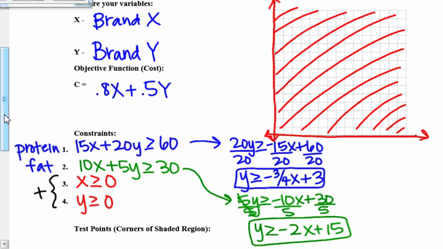Okay. And then I'll do my blue one. Y is greater than or equal to negative 3/4 x plus 3. Okay, well, I'm starting at 3. And I'm going down 3, right 4. That's pretty easy. That was just 2 points. And it says that y is greater than that. So basically anything above that line.